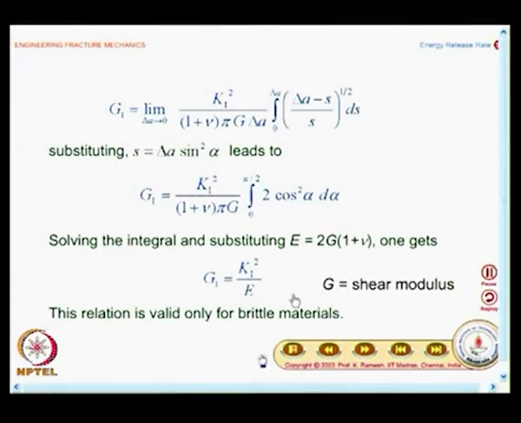Now, we have developed this for the case of a plane stress situation. I have already mentioned earlier, once you develop expressions for plane stress, with a simple modification, it is possible to get the relevant quantities in plane strain. If I have the Young's modulus E, you replace E by E by 1 minus nu squared.